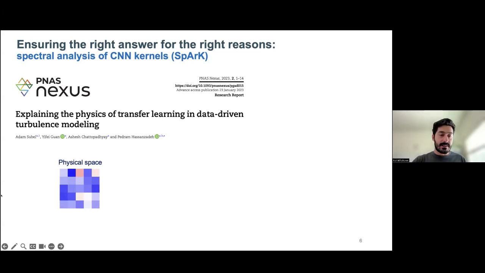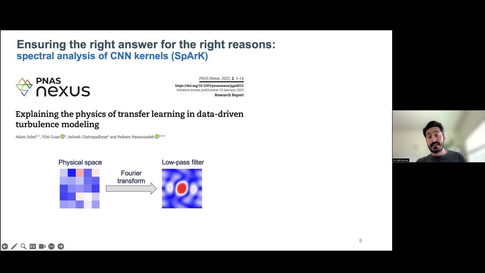So here is a 5x5 kernel in physical space, and it's really hard to get any meaning out of this kernel. But if we apply Fourier transform to it, it turns out it is a low-pass filter. This is within a 2D turbulence, and we can apply this approach to other kernels as well.